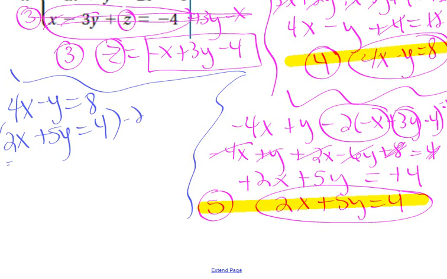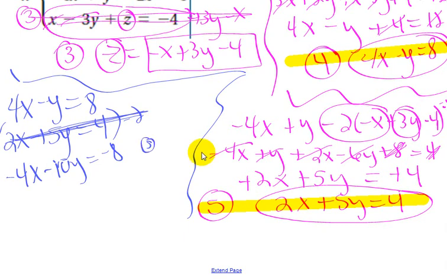Right? So when I do that, I'm going to get a negative 4x, and that was plus 5, yeah, minus 10y equal negative 8. So now that second equation, number 5, is rewritten.